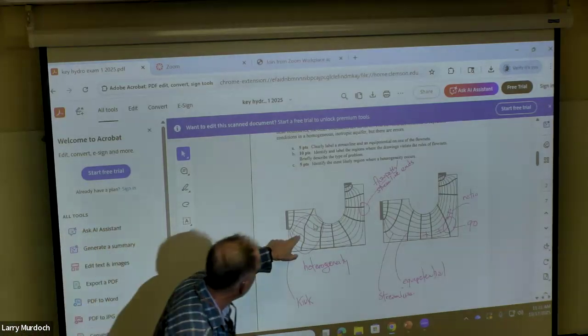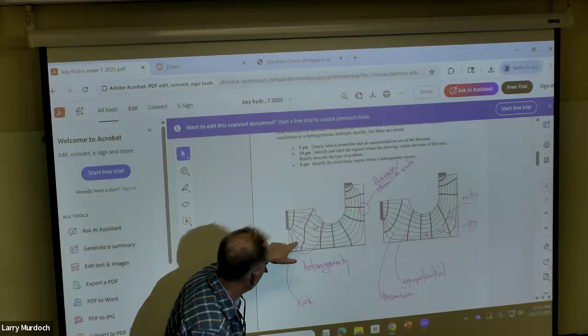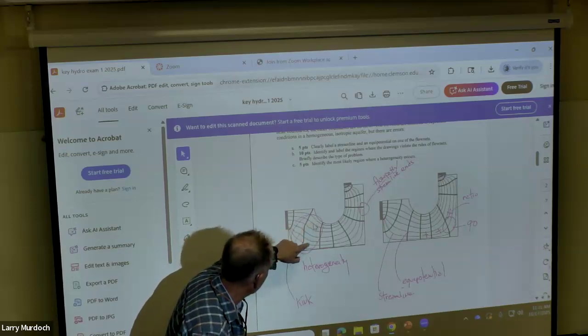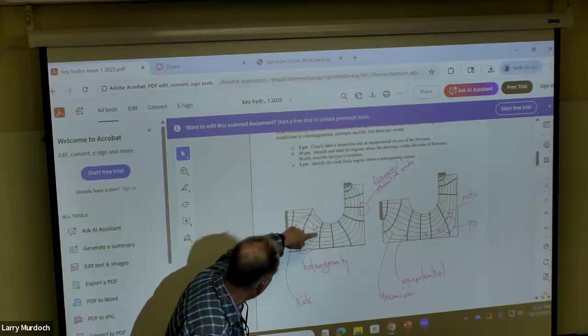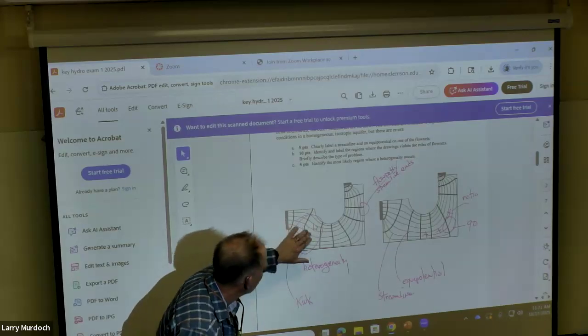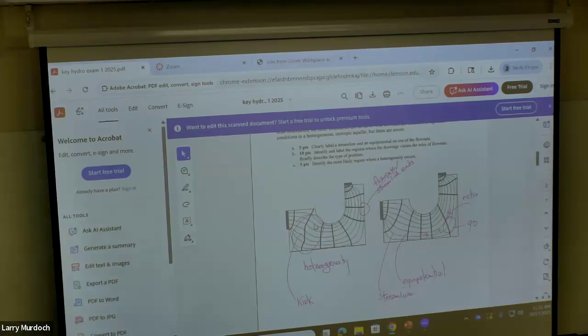So this kink right here is a heterogeneity. I think when I did the model, I put in an ellipse right in here. You can kind of see it goes like that. Okay, so that's what I was looking for in that problem. Any questions?